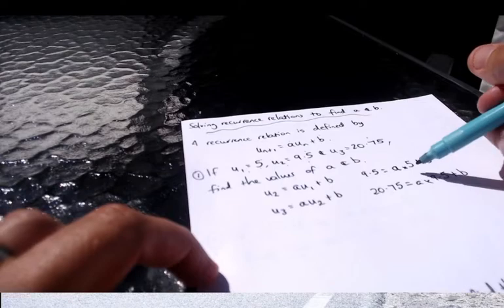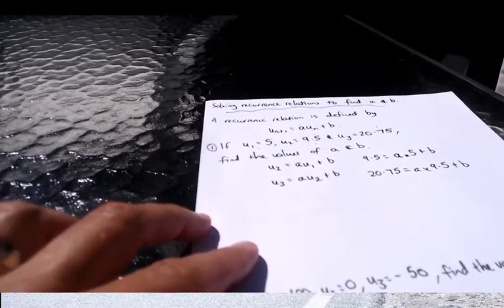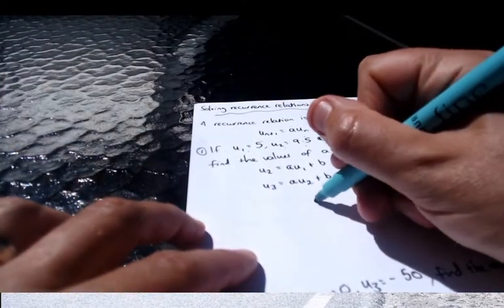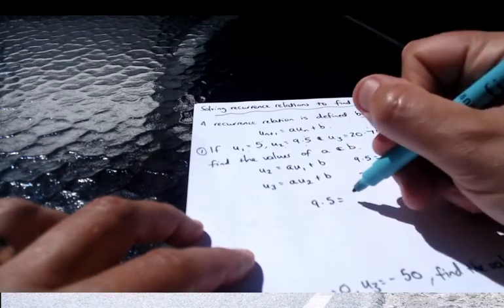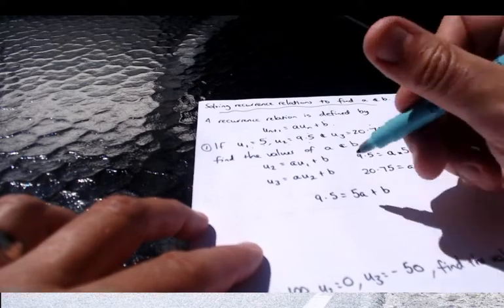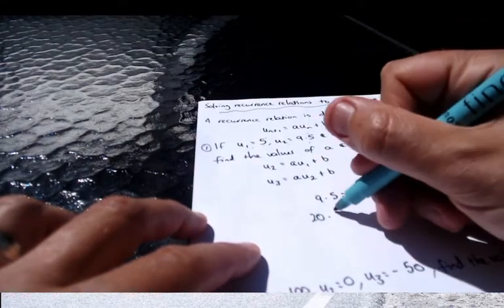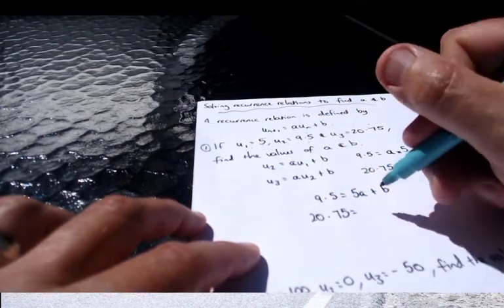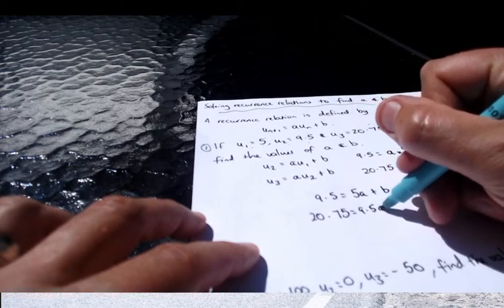Now, I'm just going to write these 2 recurrence relations slightly differently. So 9.5 equals 5a plus b, and 20.75 equals 9.5a plus b.